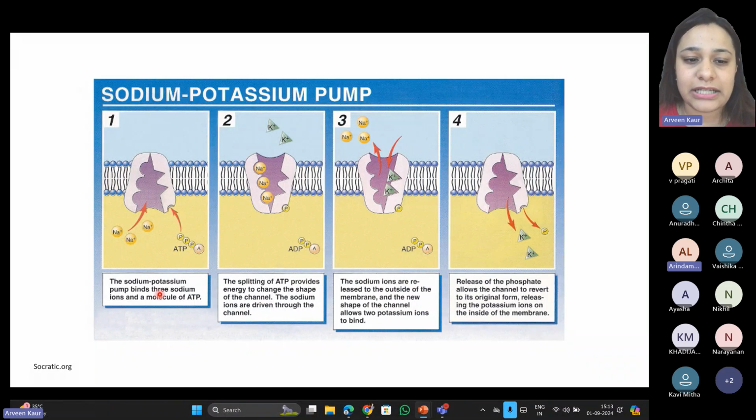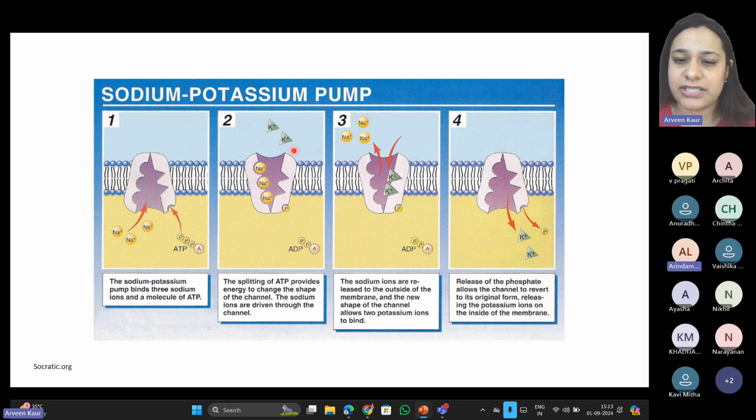This is a representation of the sodium potassium pump. You can see that the pump will bind 3 sodium ions and a molecule of ATP. Inside the membrane is the yellow color and outside the membrane is the blue color, right? From inside it takes up 3 sodium ions and an ATP, and transfers them outside.